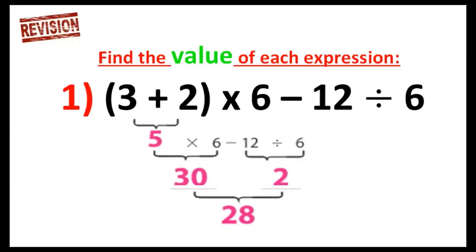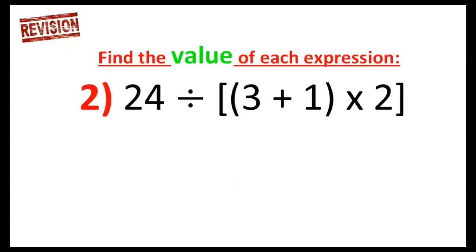Okay, my dear? Let's move to another example here: 24 divided by, between brackets, 3 plus 1 multiplied by 2. As we mentioned at first, start by finishing the brackets first.